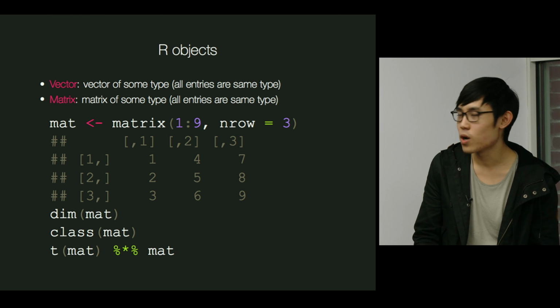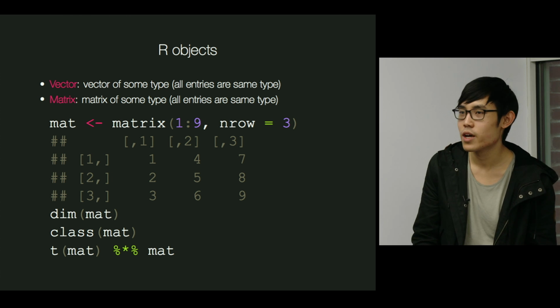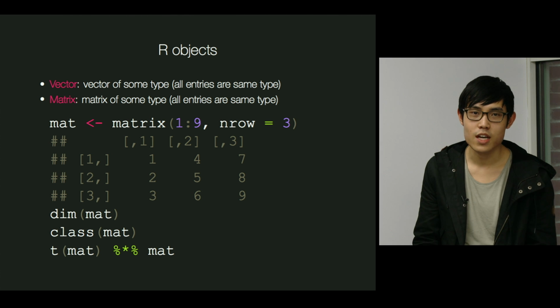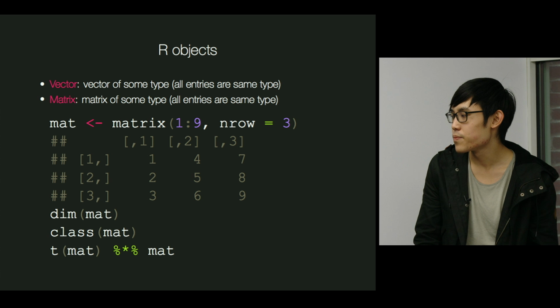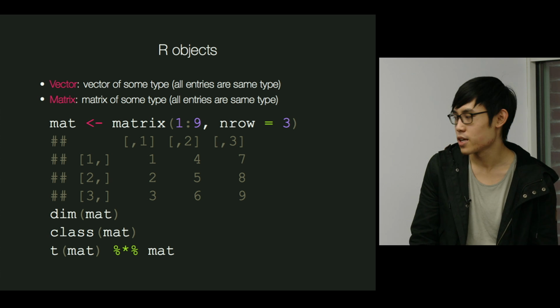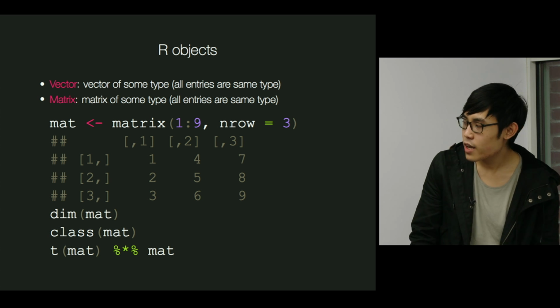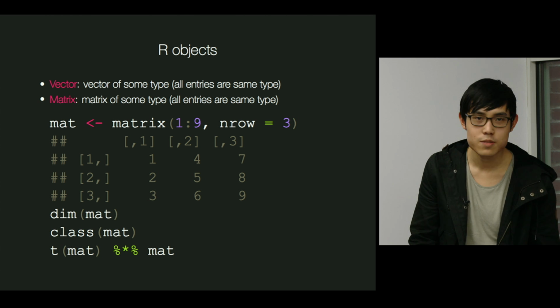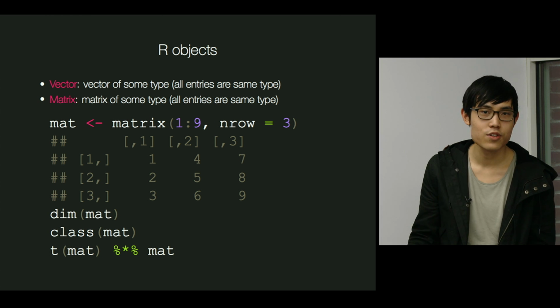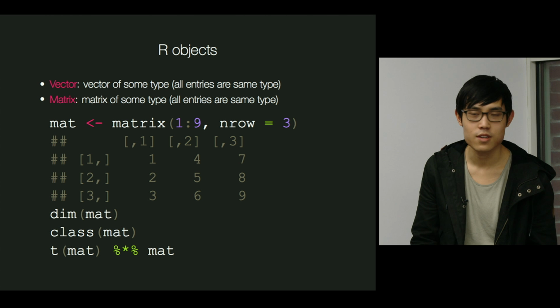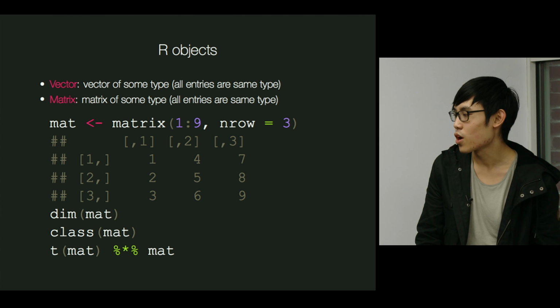However, if you want matrix multiplication, so multiplying the first row times the second matrix's first column, and so on, you would use this percent operation. And t of mat is just an operation for transpose. So I'm saying take the transpose of the matrix, multiply it by the matrix itself, and then it's going to return you another 3 by 3 matrix showing the product you'd want.